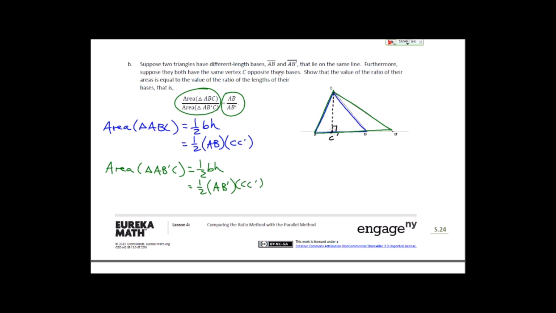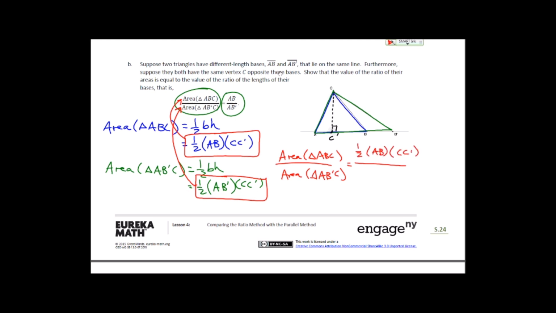Now, if I take these two equations and plug this in here and plug this in here, then I will show that the ratio of the areas, and by canceling off as I'm dividing, I can cancel off things.